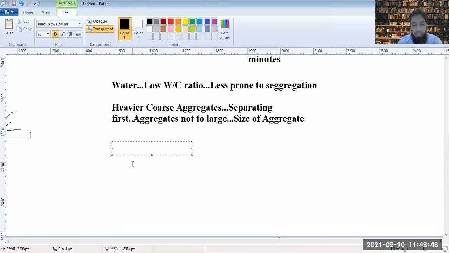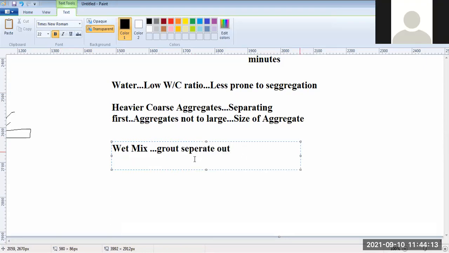Then if you're doing a wet mix design, where you are actually using a total wet mix, there the grout may separate out. I'll explain this wet mix when we reach that stage of the design.